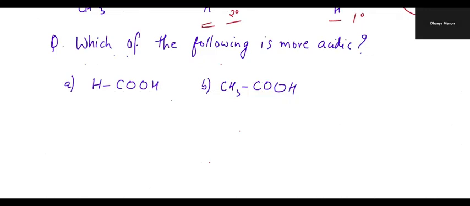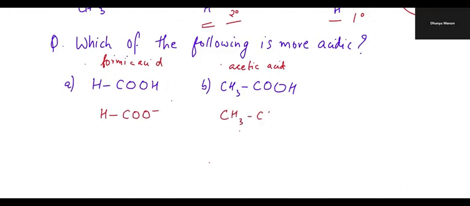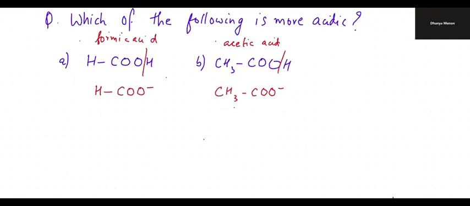Coming to the next question. If you see, there are two acids. This is the formic acid and this is the acetic acid. Okay, the common names. Here also, if I take the A minus ion of both of them, removing the H plus ions. Now here, if you see, CH3 has plus I effect.